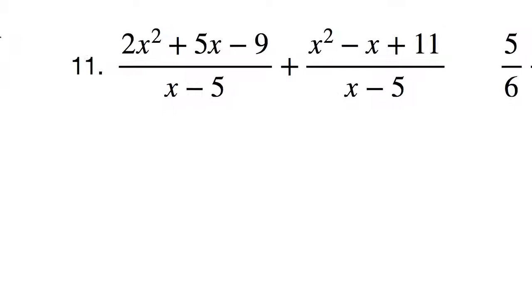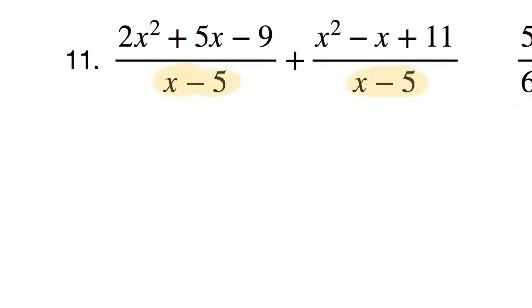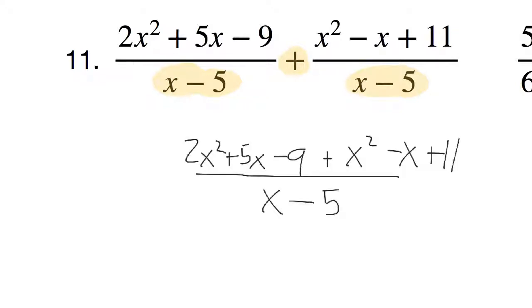Looking at the next problem, we notice that we've got common denominators. So therefore we can just add the fractions. Like this. And now we have some like terms to combine.